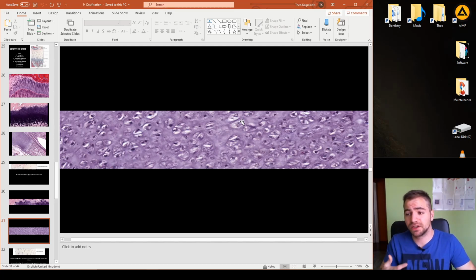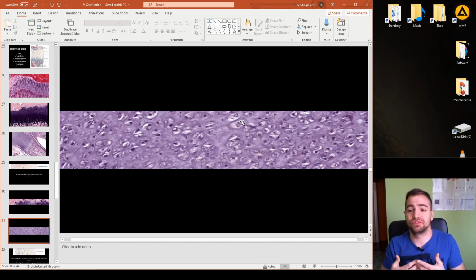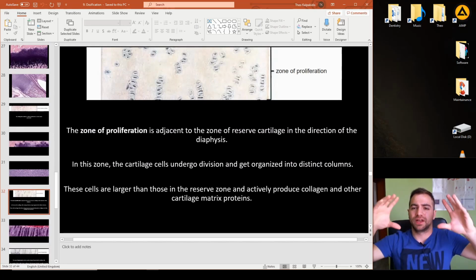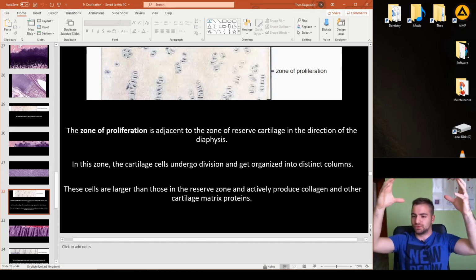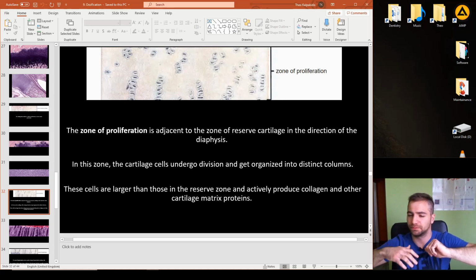This is done in 2 manners. It accumulates glycogen in its periphery within the cytoplasm, and the second is to produce vascular growth factors. So in the beginning we had the resting zone. Again, here we find the chondroblasts and chondrocytes with low or minimal activity.